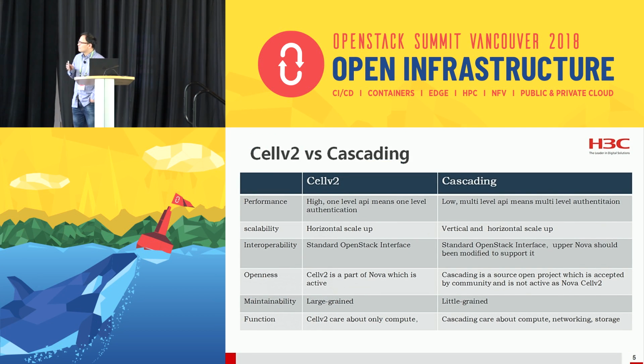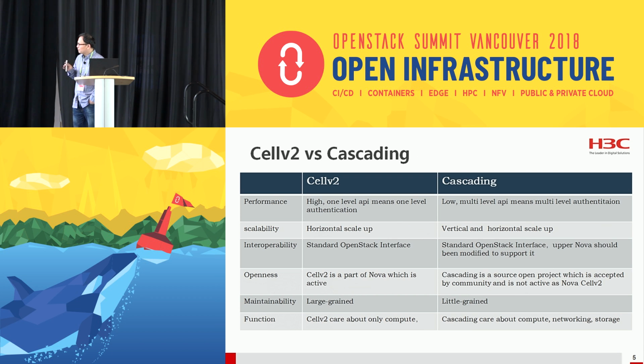This is a comparison, Cells v2 versus Cascading. For performance, no doubt, Cells v2 has better performance because Cells v2 has only one level of API, which means one level of authentication.